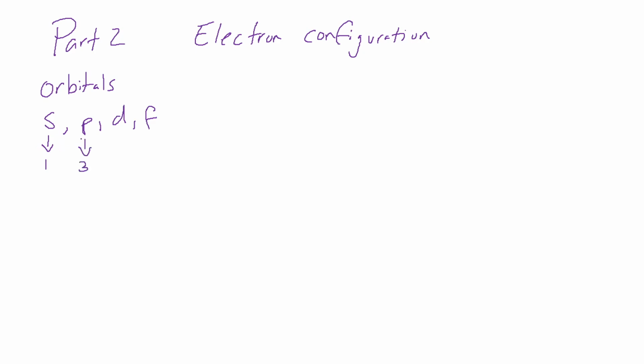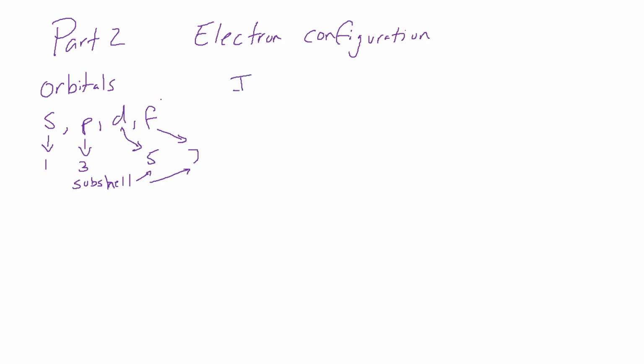There are 3 different types of p orbitals, which makes it a subshell or sub-level, depending on your book or who's talking. D, there are 5 different orbitals, which also makes it a subshell or sub-level. And F, there are 7 different orbitals, making the F also a subshell or sub-level.